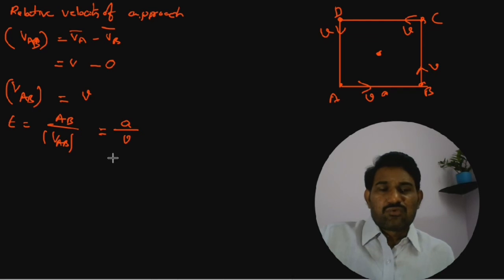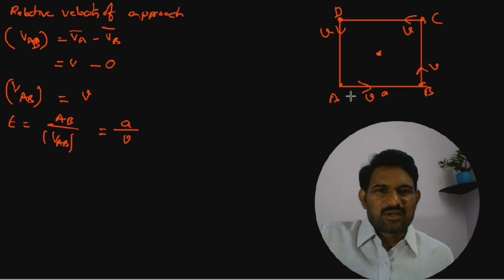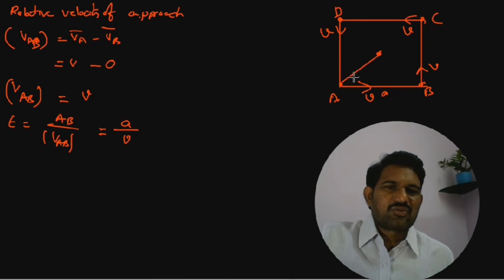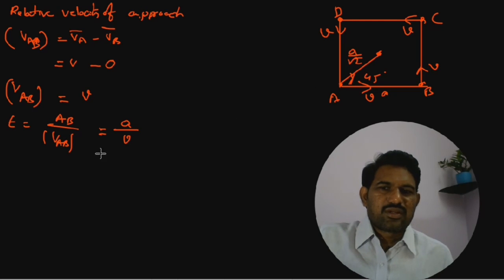Now we can solve by our first method also, and you will get the same result. The distance traveled is A by root 2, and the angle is 45 degrees. So the time taken is A by root 2 divided by the velocity along the direction, V cos 45, which is V by root 2.